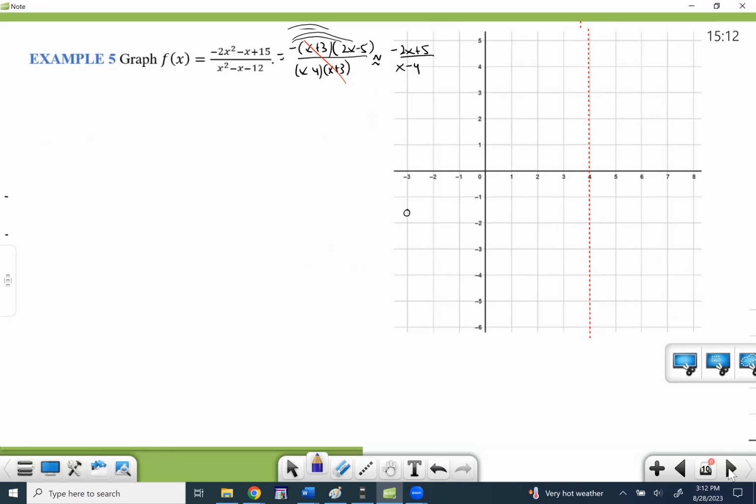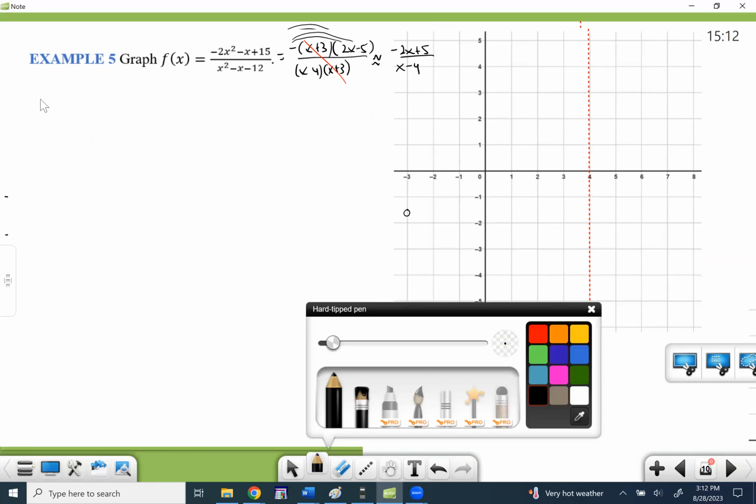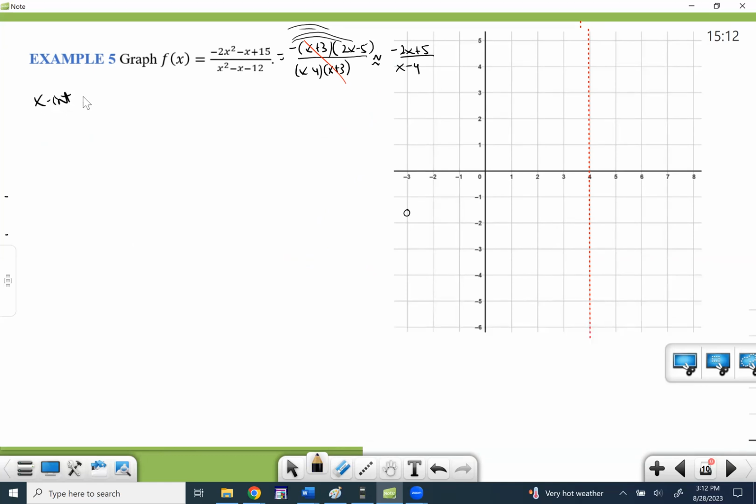Okay. All right, so let's see here. We got the domain. So now we got to get x-intercepts. Let's do that. In other words, we're going to put a 0 in right there, and we're only setting the top equal to 0. Let's just set this top equal to 0. Remember, use the simplified version, so your math's going to be a lot easier.